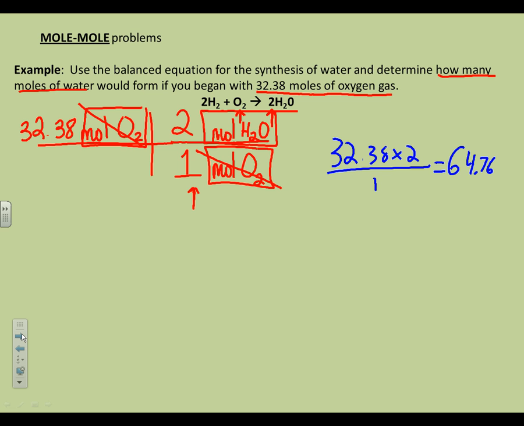And remember, we're dealing with what unit? We're in moles, Coach Miller. Moles, and moles of what substance? Water. Very good. So there we go. There's a simple mole-to-mole calculation. We start with moles of one substance, and we can go to moles of any substance in that balanced equation.